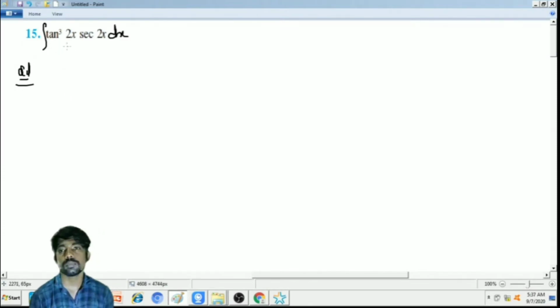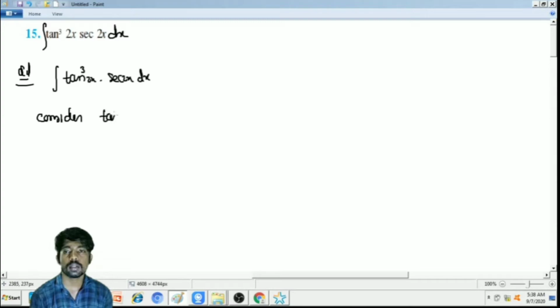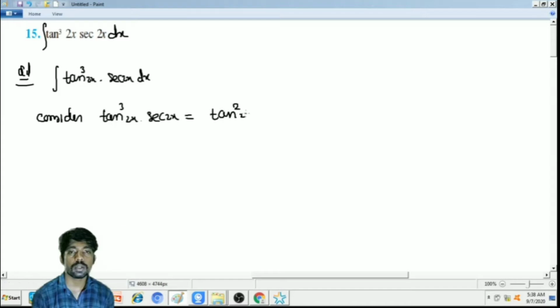Here we have integration of tan cube 2x into secant 2x dx. First simplify, later on we will integrate. Now tan cube 2x can be written as tan square 2x into tan 2x into secant 2x.